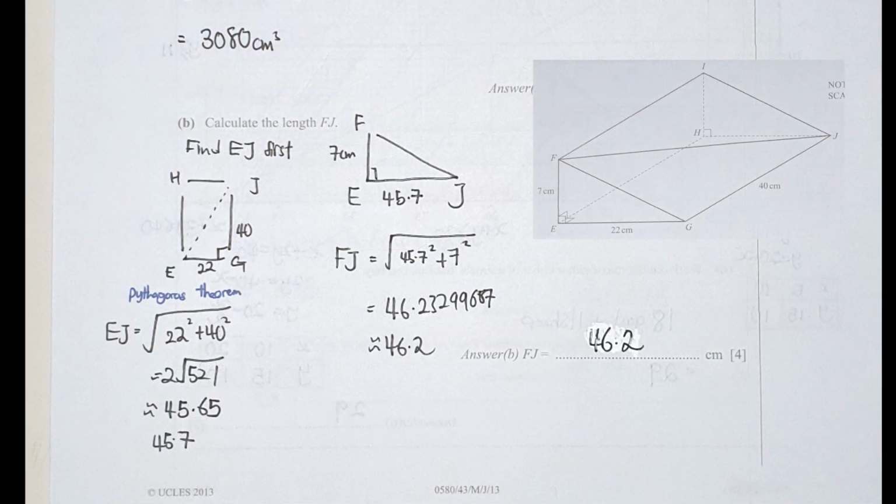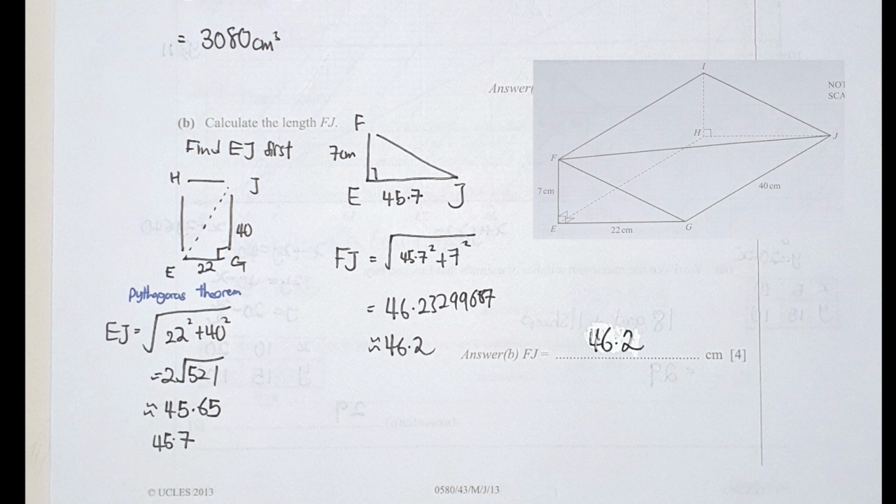Whereby for part B, calculate the length of FJ. For you to find the value of FJ, first thing first, you need the diagonal value of the base DHGJ. To find the value of EJ, I use the Pythagoras theorem, combining the information of 22 cm and 40 cm.